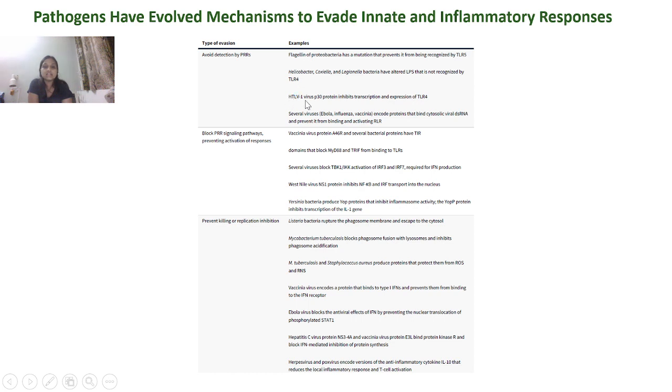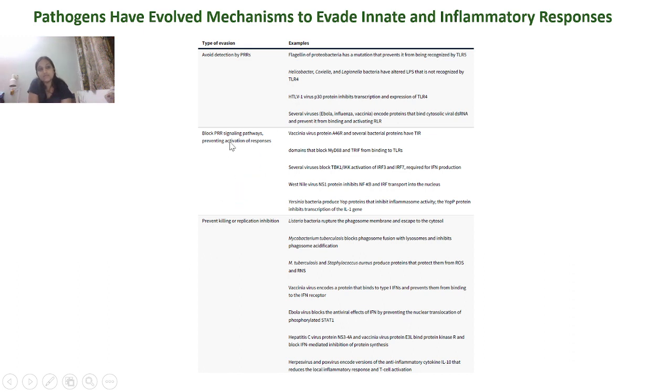Then there is the HTLV-1 virus P30 protein, which inhibits the transcription and expression of TLR4. Then there are several viruses like influenza, vaccinia, and Ebola which encode proteins that bind to cytosolic viral double-stranded RNA and prevent it from binding and activating RLR. So these are the different ways they have evolved to avoid detection by the pathogen recognition receptors.